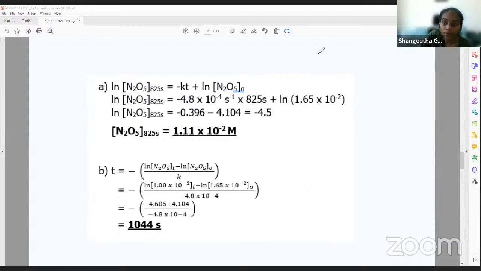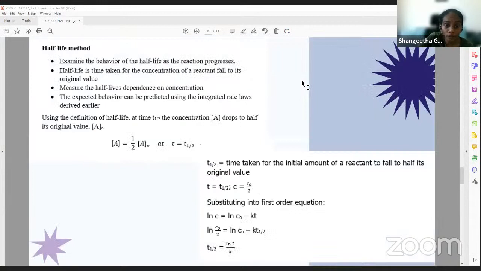So that's why it is important for you to remember that for your first order integrated rate law, that is the expression you need to remember. Now let's go to the half-life method. Why I jump straight to it is because usually when questions come out, it will be a combination of your integrated rate laws and half-life methods all in one.